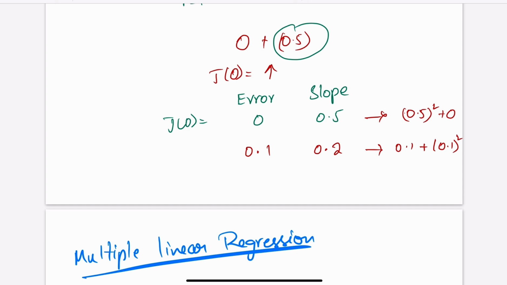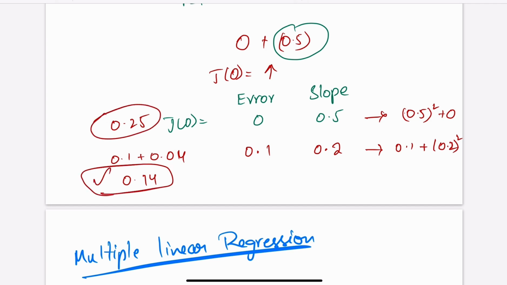So there will be a list of values in a table, and between all those values, for instance, the value here is 0.25. Here the value is 0.1 plus 0.04, so the value will be 0.14. So 0.14 is very small compared to 0.25.